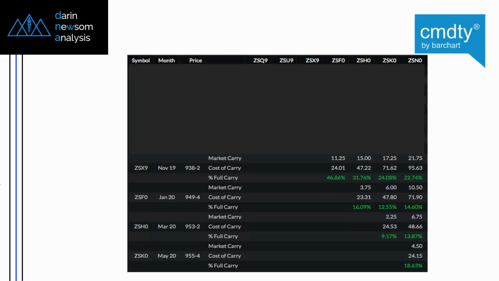And if we use the CME's new storage rates of 8 cents per bushel per month, that means that we're only covering almost 23%. If you look at the Nov contract, go all the way over to the right underneath the July contract that's being compared to, full commercial carry would be about 95, 96 cents, and we're running about 21, 22 cents right now. So only about 23% of full commercial carry. That is bullish.